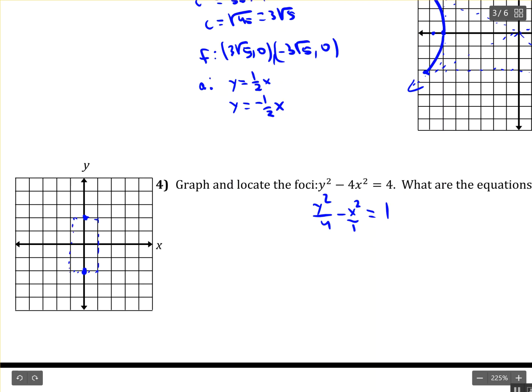And then my asymptotes are going to look like that. And my foci, c squared, is going to equal 4 plus 1 gives me 5. So c equals square root of 5. So that's just above 2. So they're real close in here.